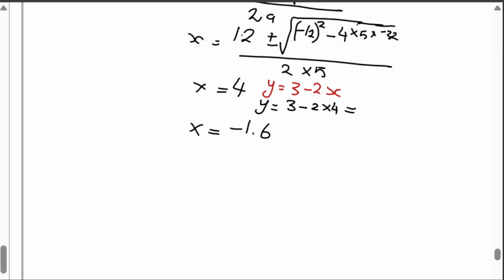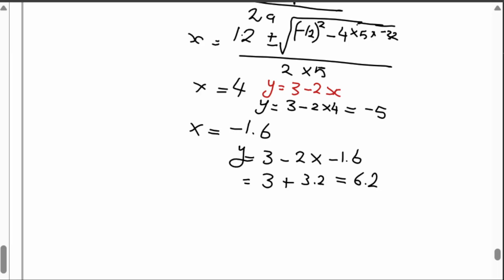That gives you 3 minus 8, which is negative 5. For the second value, you will have y equals 3 minus 2 times negative 1.6. So that gives you 3 plus 2 times 1.6. It's going to be 3.2, isn't it? And that gives you 6.2.